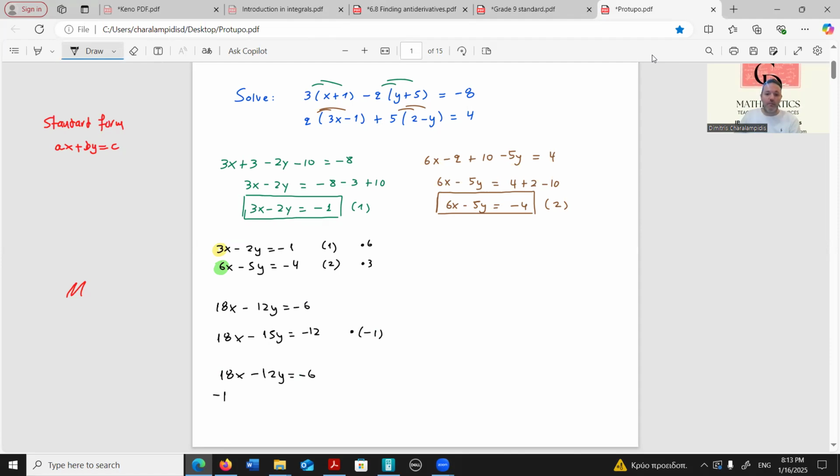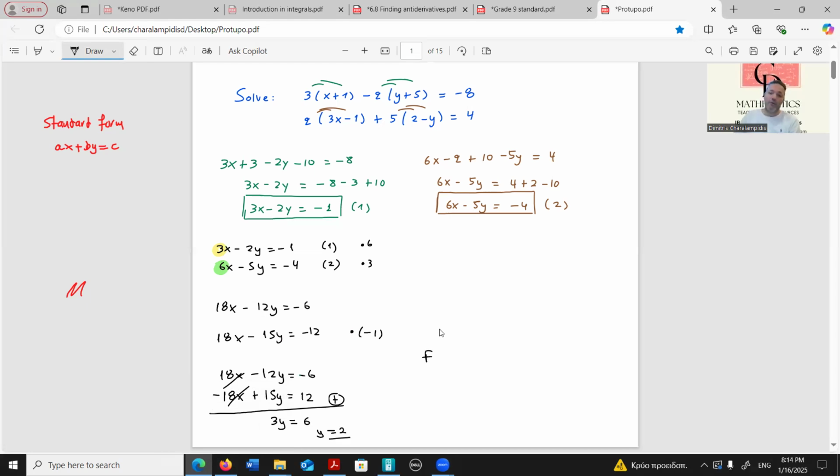So this is going to be minus 18x plus 15y equals 12. Then I should add them vertically, and this addition will cause the x's to be cancelled out. So it's going to be 0x minus 12y plus 15y is 3y is 6.